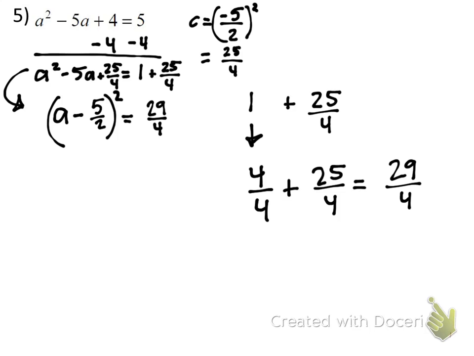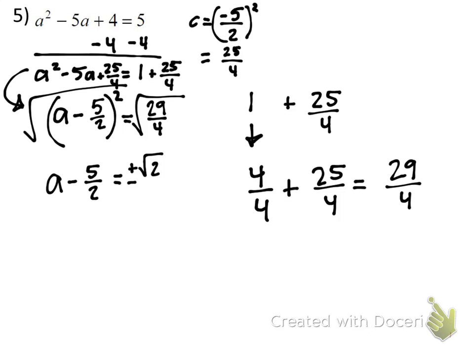Okay, here we go. Next step, take the square root of both sides. So the first one, they cancel out. So we got a minus 5/2 is equal to plus or minus the square root of 29 over the square root of 4. Now I got a question for you. What's the square root of 4 really equal to? 2. So let's just not even put square root of 4.